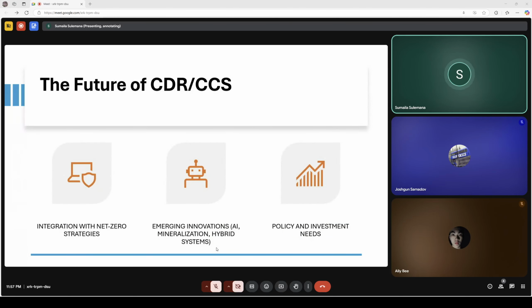So what's the future? Integration with net zero strategies, like I did mention, combining CDR and CCS, or finding innovative strategies to combine one technology with another, which could be more efficient than one standalone CDR tech in a particular place.